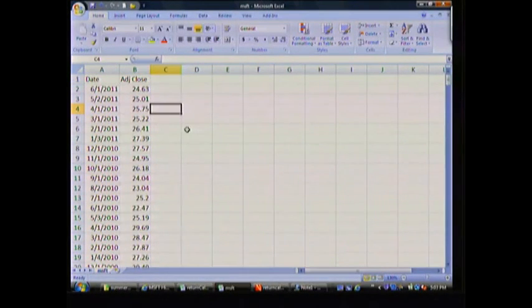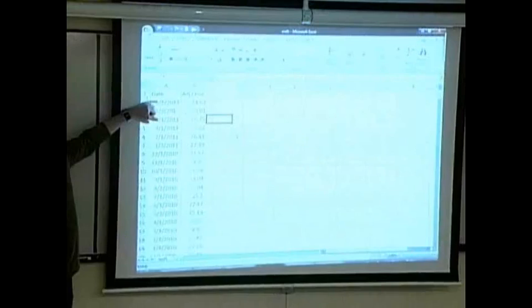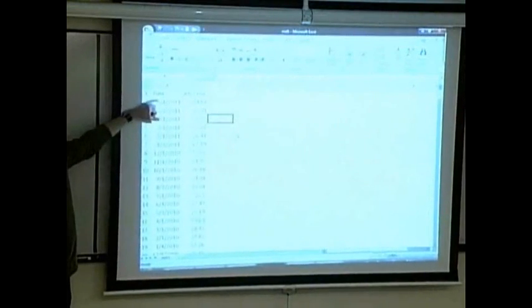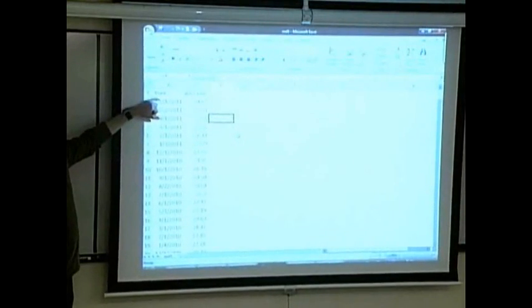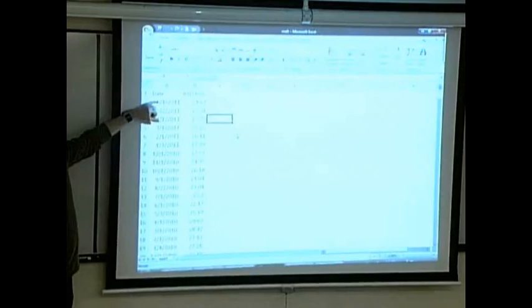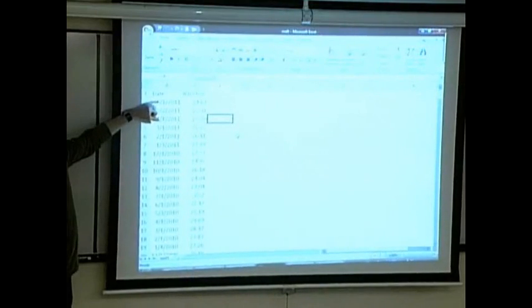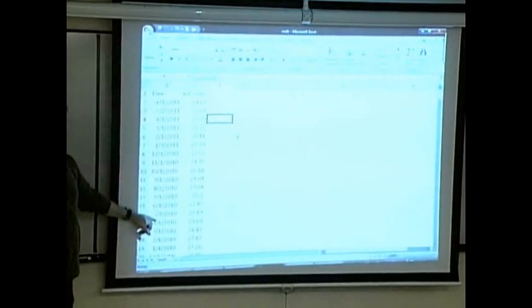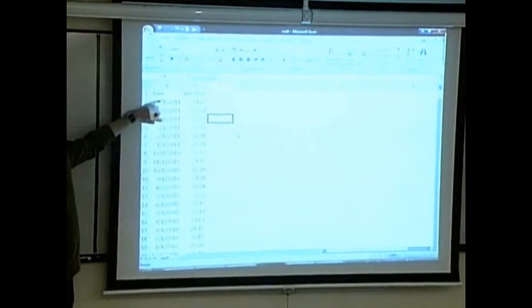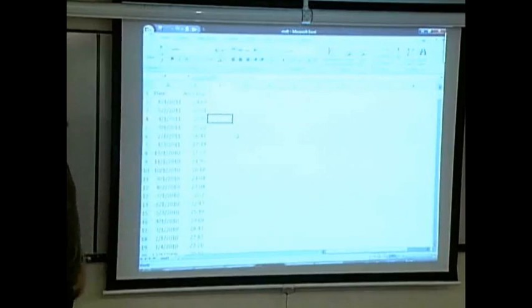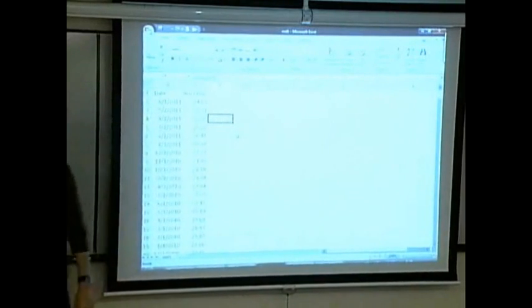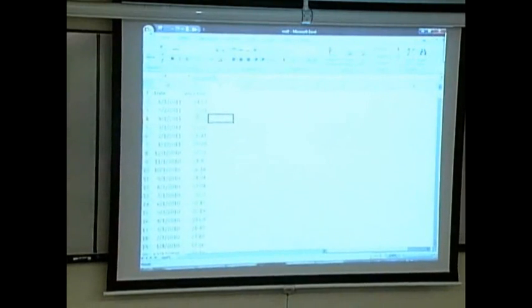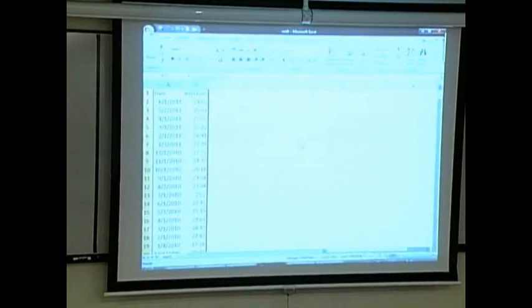Now, one of the things to notice is that the most recent date is first. Usually when you look at time series data, it's not the most recent date but the earliest date that is first, and so time runs forward as you go down. When you look at this, the time is running backwards, right? So to do analysis, we need to reverse the ordering of the data. To do that, we can highlight both columns like that.